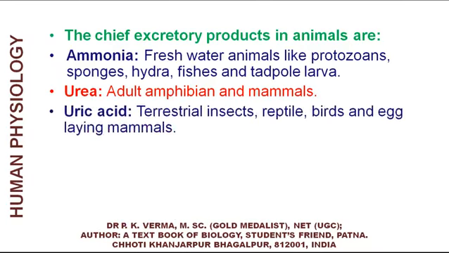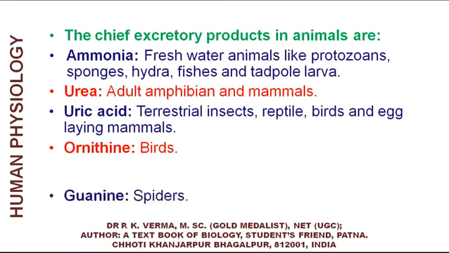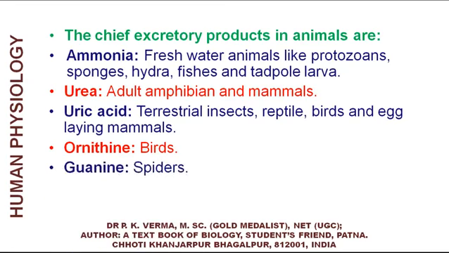In terrestrial insects, reptiles, birds, and egg-laying mammals, uric acid is the chief metabolite. In birds, ornithine as well as guanine are also excreted. The spiders also excrete guanine.